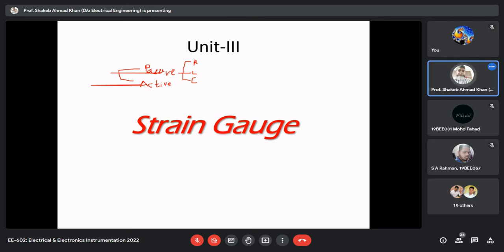You don't require any additional voltage source to supply the energy. Examples are the Hall effect sensor, the piezoelectric sensor, and the thermocouple. All these self-generating sensors come in the category of active sensors.